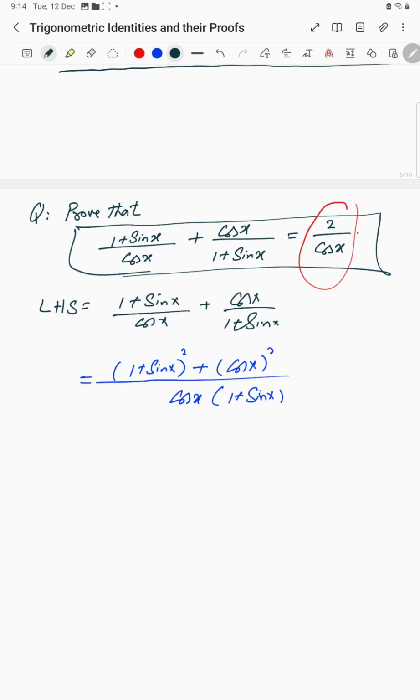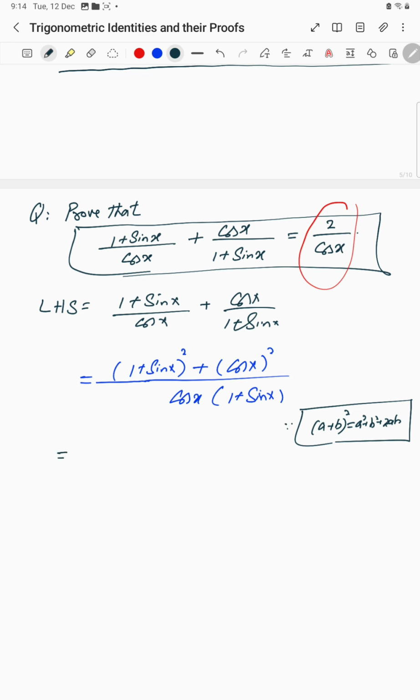Now you just apply the identities. First expand the numerator. For a plus b whole square, we know that it was a square plus b square plus 2ab, as I told you before. This is the identity I'm going to apply in the numerator to expand it.